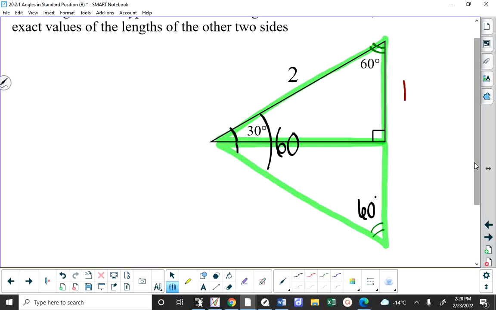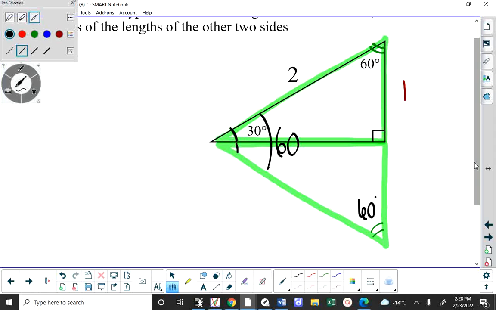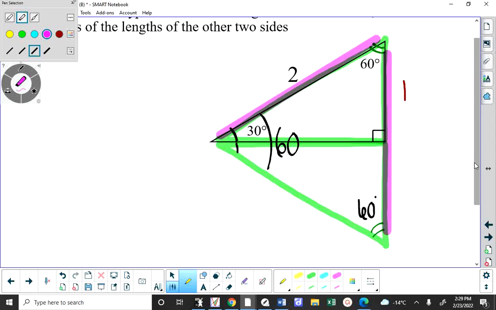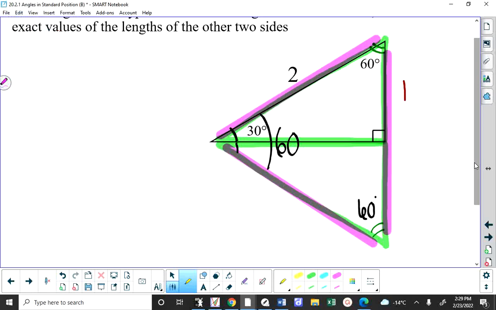And by the way, however you're sorting it out in your head, if it's a different way and it works, it doesn't matter. We want the answers here. So if this is equilateral, then this length and this length are all equal. That means this vertical length is 2, and the only way that's going to happen is to have 1 and 1.